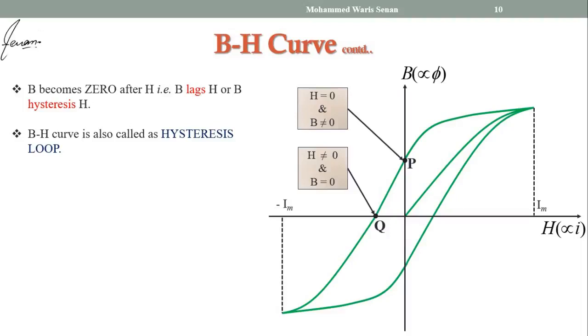Now the last point we are going to discuss is hysteresis loss. It is very interesting to discuss. We have seen that when we apply a magnetic field, the dipole tries to align itself in the direction of the applied magnetic field in a ferromagnetic material.